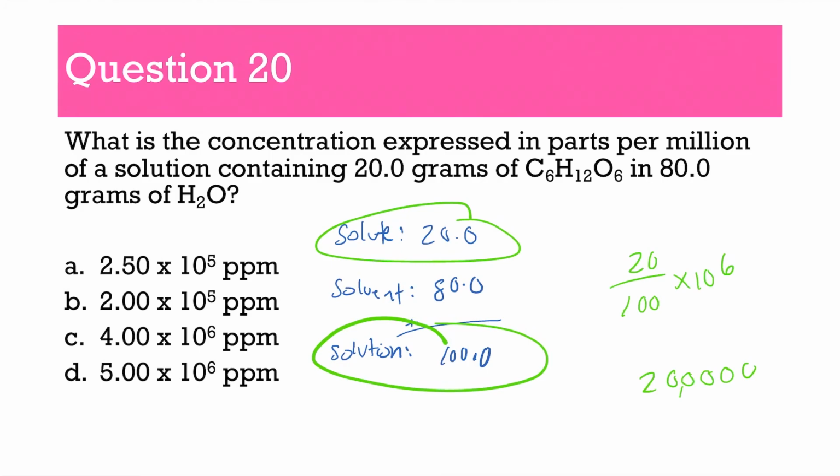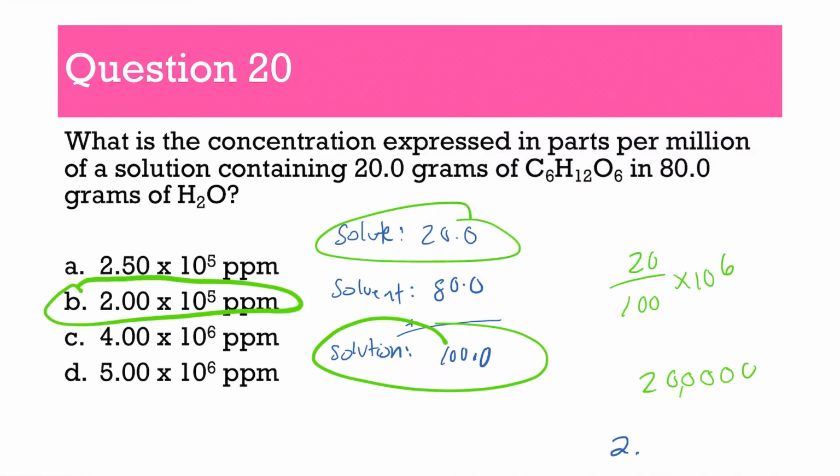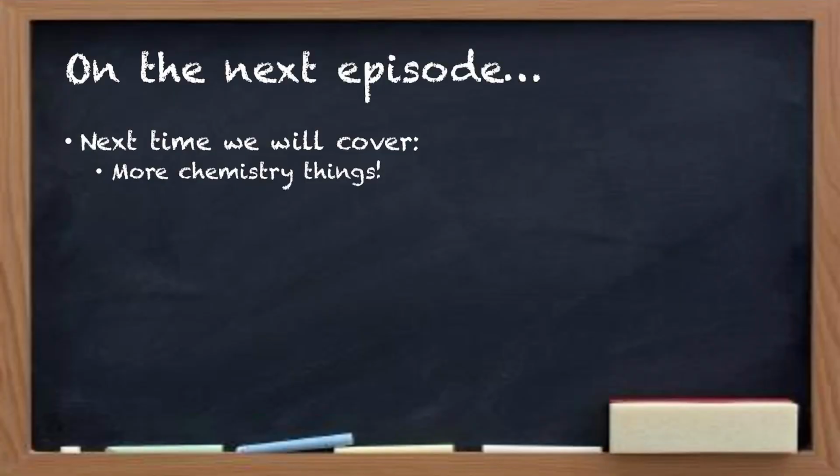But again, our problem is that answer choice is not there. You could just kind of be like, oh, hey, well, it has to be that. There's no 5. But just so you're aware, 2.0. And then when you have a positive scientific notation, you're getting bigger. So you're moving your decimal point to the right. We're going to move it 5 times. So 1, 2, 3, 4, 5. That's how we got that.